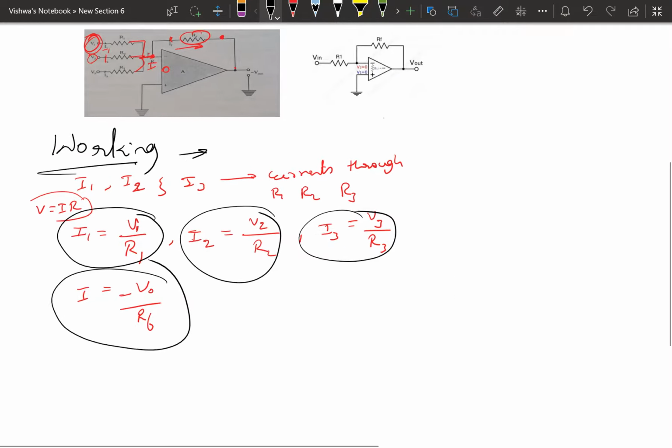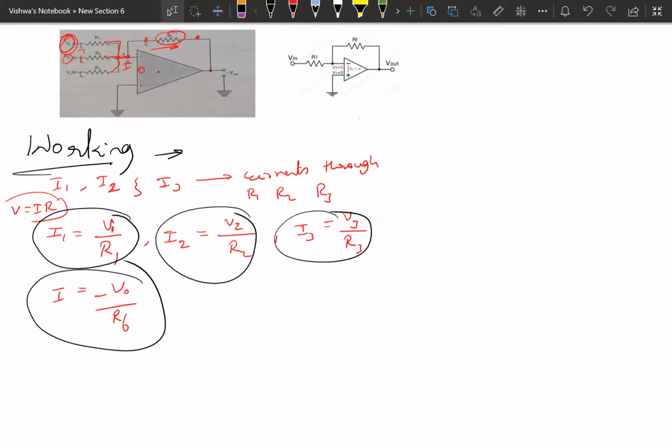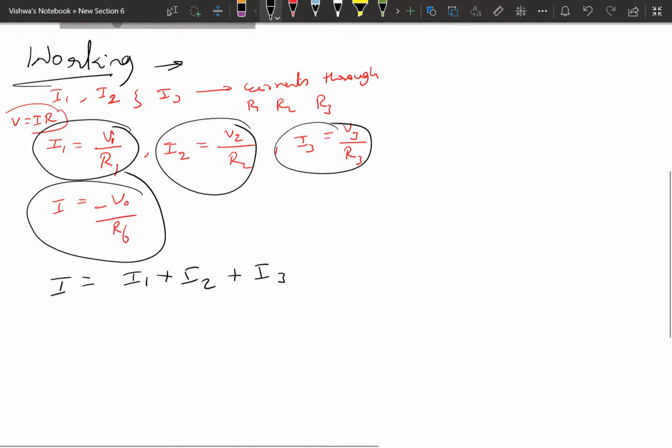Apply Kirchhoff's node rule here. That is, current entering a node is equal to current leaving the node. Here at this point 3 currents are coming towards this node, and a current I is going out from that node. So I is equal to I1 plus I2 plus I3. What is I?